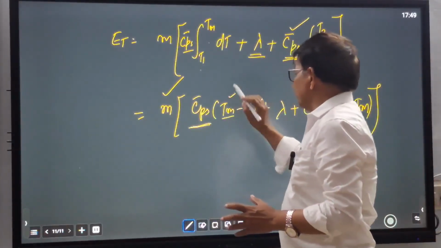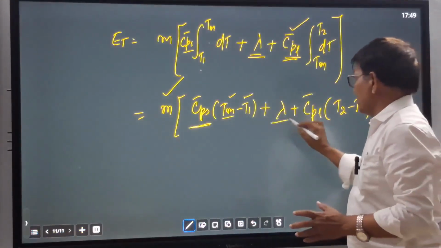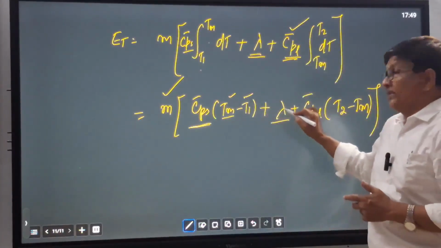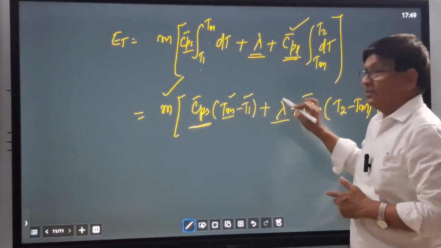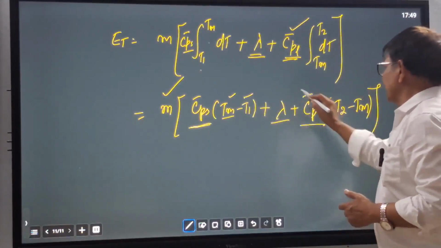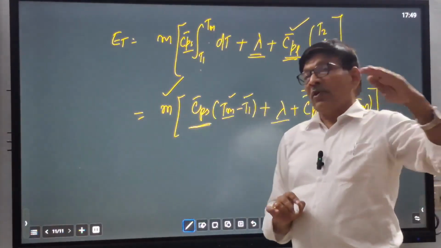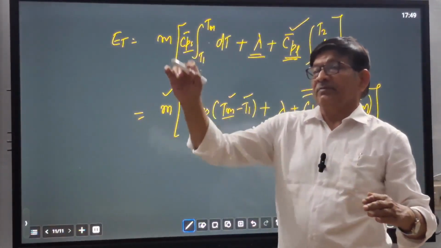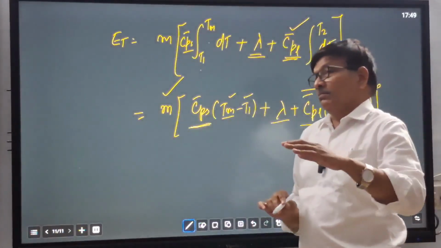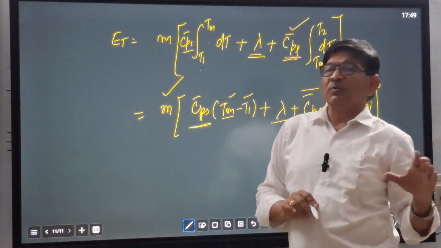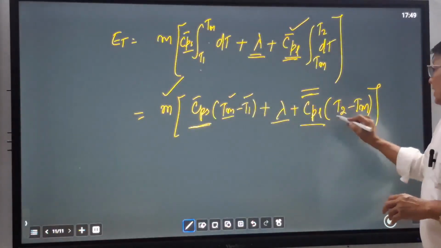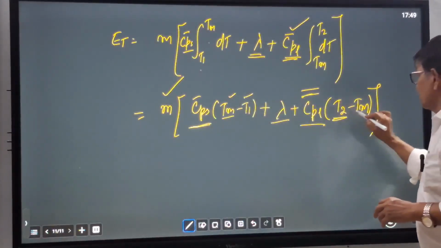Tm is the melting point temperature, T1 is the initial temperature, and lambda appears alone because once phase transformation starts, temperature remains constant. That's why there is no temperature term. Lambda is the latent heat of the energy storage material. Once the whole material becomes liquid, the temperature rises again in the liquid state, and the specific heat of the liquid also varies with temperature, so we take the average value, with the rise from Tm to T2.